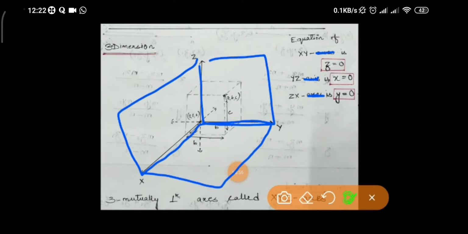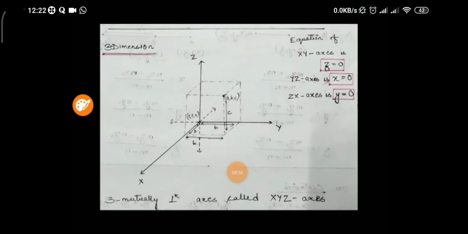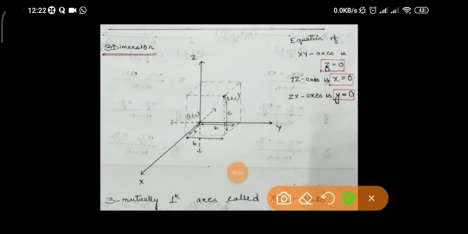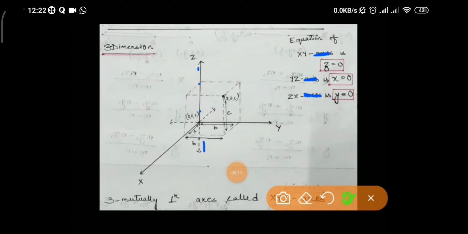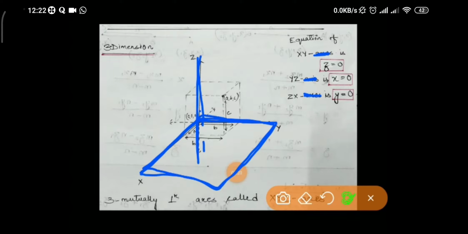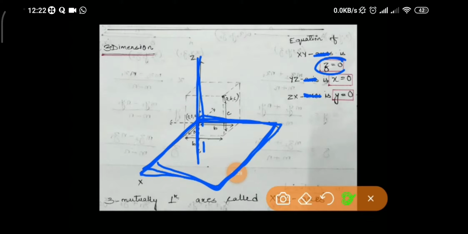When you are talking about the xy plane, this is our z-axis, and our xy plane is passing from that. So to get this plane, we need to pass from z equals 0. That's why the equation of the plane will be z equals 0 for xy.